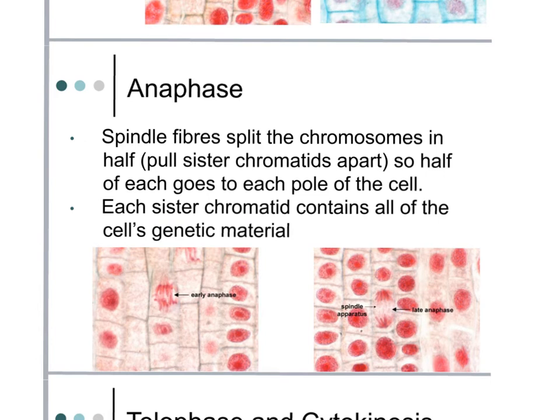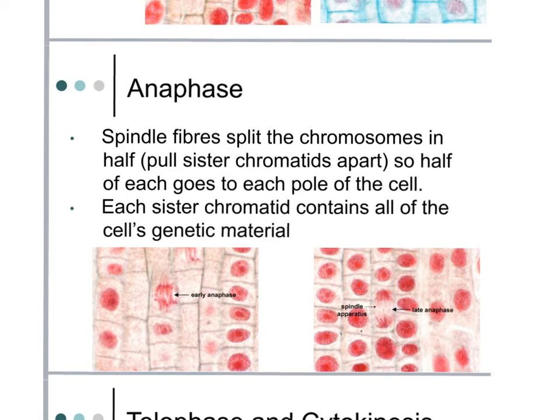Anaphase is the next step. So anaphase, A, stands for apart. So first we lined them up in the middle, and now we're pulling them apart because remember, we need to divide these chromosomes so each daughter cell will get a full copy of the DNA or genetic material.